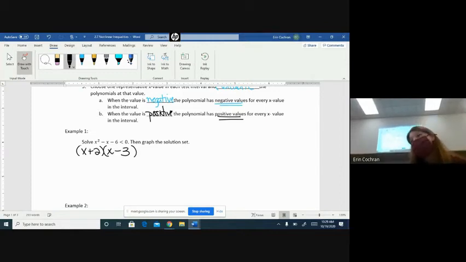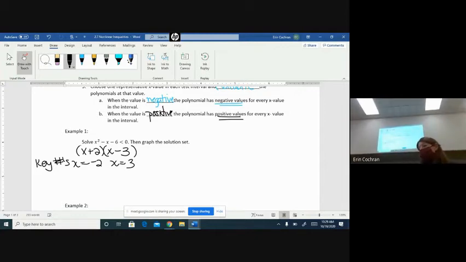Can we set each part equal to 0? Yes, so x would equal negative 2 and x would equal 3. These are my key numbers.